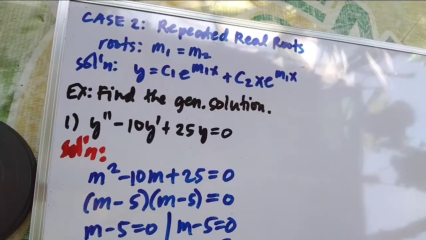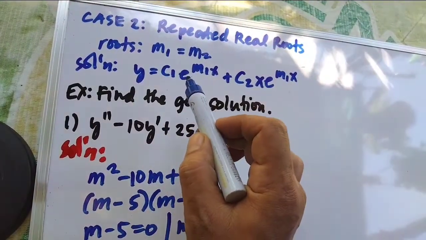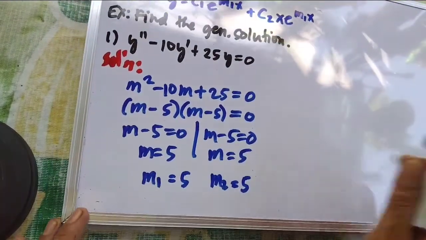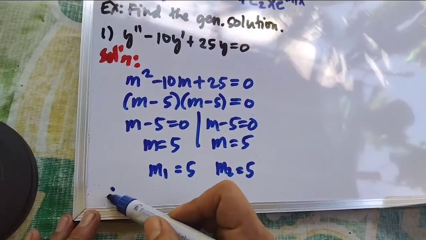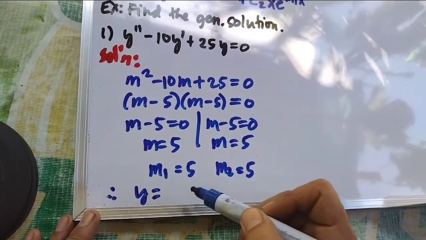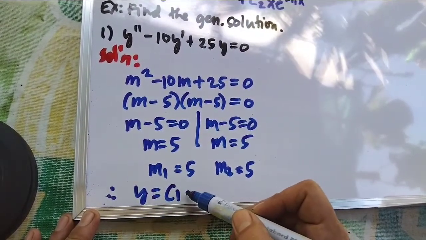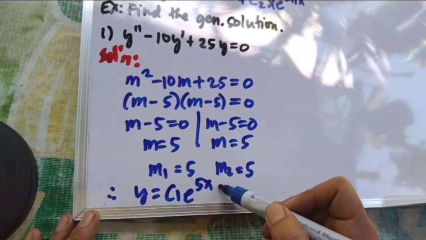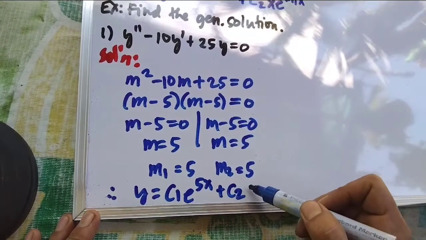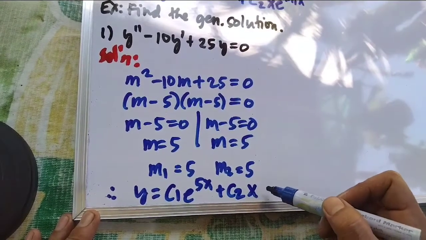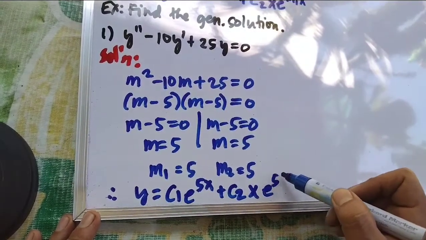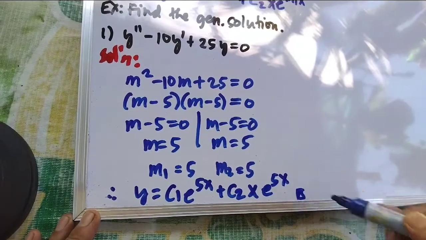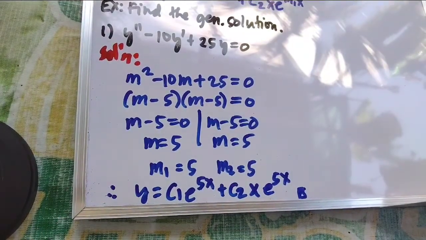Therefore, our solution would be y is equal to c sub 1 e to the 5x plus c sub 2, you put x, kay pareha naman sila equal, e to the 5x. That's it. So, dali ra kayo basta repeated real roots.